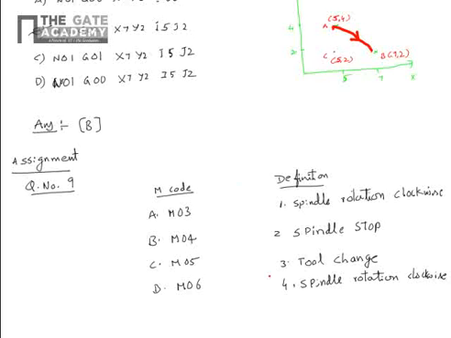So A is 4? Next is M04, spindle rotation anti-clockwise. Next M05, spindle stop. So remaining is tool change.